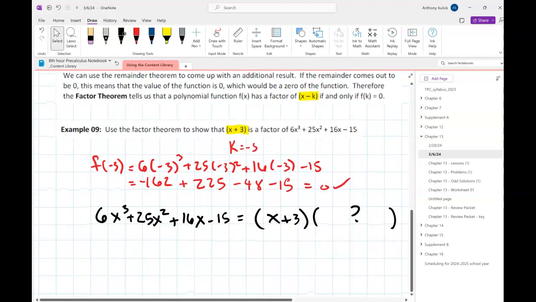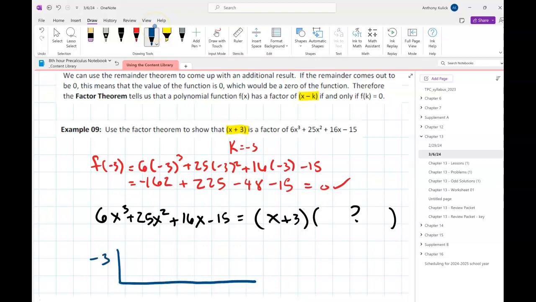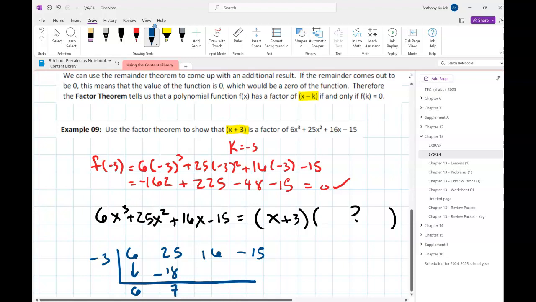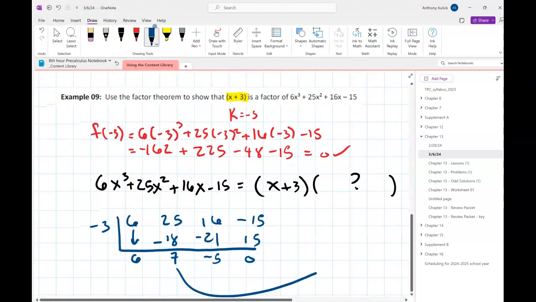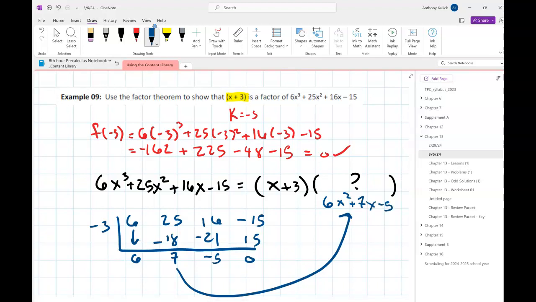This is the beautiful part about using synthetic division, is that it not only gives us that the remainder is 0, but it also gives us the other half of our factoring problem, right? Again, remember that these numbers underneath are remainder, constant, x coefficient, x squared coefficient, etc. Everybody's okay there?